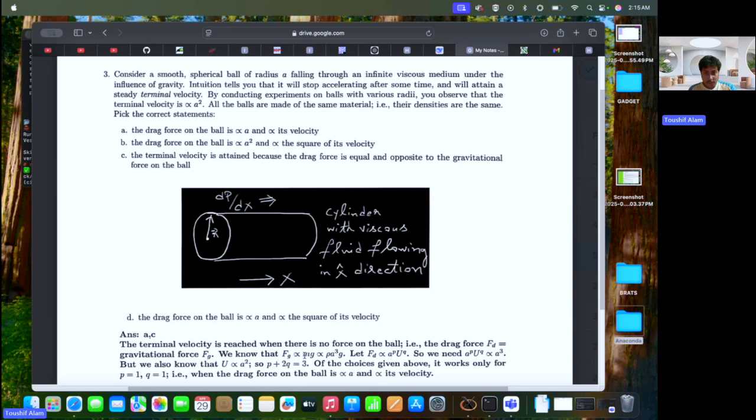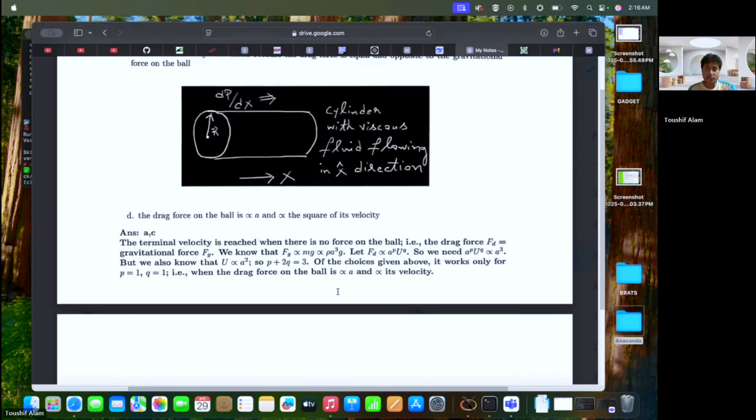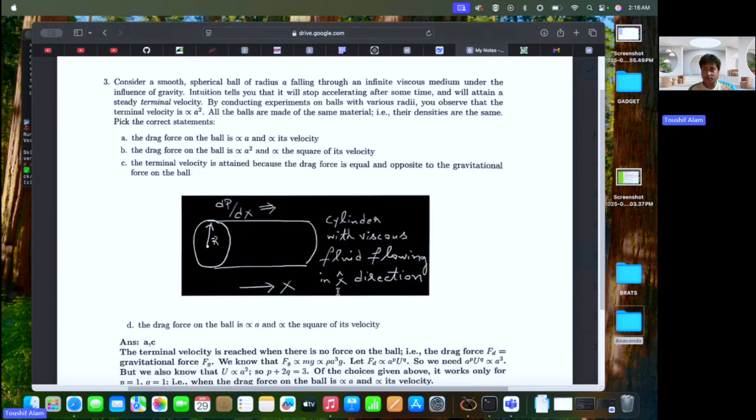Suppose we take the drag force Fd proportional to a to the power p times u to the power q. It needs to match this. Since u is proportional to a squared, you get p plus 2 equals 3. So on the choice sheet, it will work only for p equal to 1 and q equal to 1, right? The drag force on the ball is proportional to a and proportional to its velocity. So simply, okay.